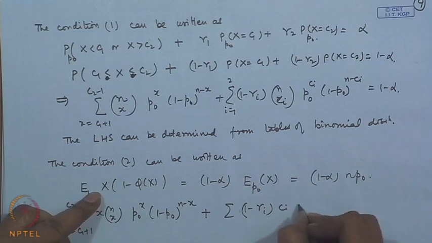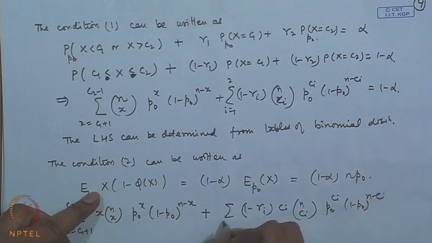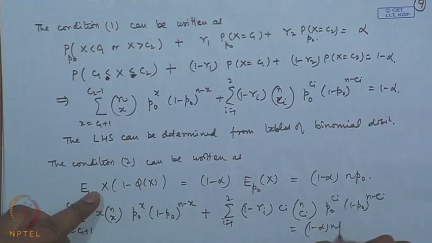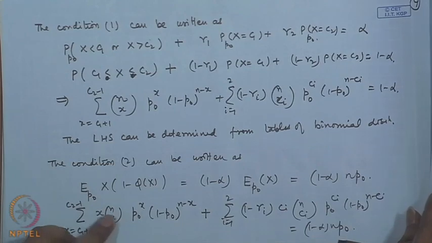So, here you will have c i n C c i p naught to the power c i, 1 minus p naught to the power n minus c i, i is equal to 1, 2, that is equal to 1 minus alpha n p naught. Now, here we do some sort of simplification.